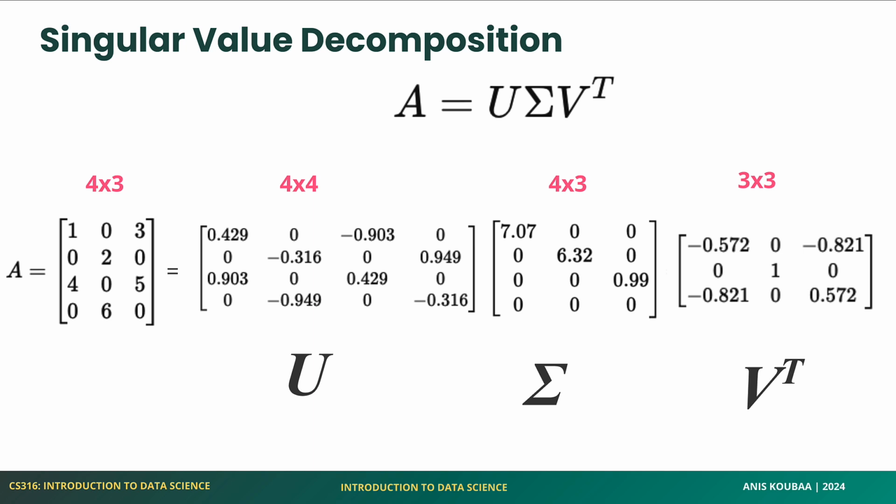And we follow the same approach. We multiply A by A transpose and A transpose by A. We extract the eigenvalues and the eigenvectors. We reorganize them. We extract the singular values by taking the square root of the eigenvalues. And finally, you have a decomposition of every matrix. Does it make sense? Yes.